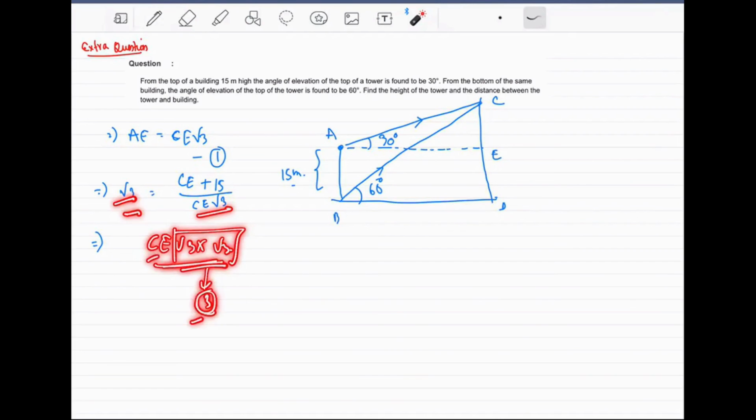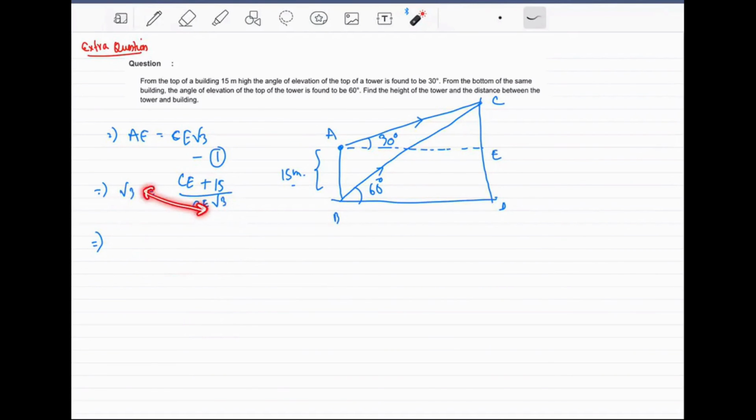So 3 CE. Root 3 into root 3 is 3, right? And CE plus 15 on the other side. And now look, 3 CE minus CE is equal to 15, if I bring one of the CEs to the other side.